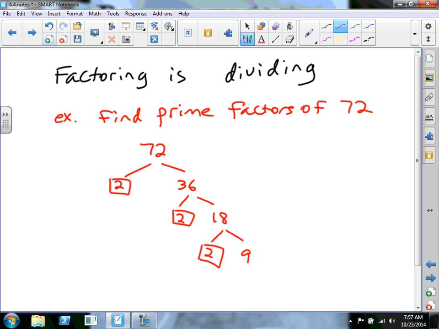So we go to the next prime number, which would be 3, and 9's divisible by 3, 3 times, and 3's prime, and 3's prime. So the prime factors of 72 are 2 times 2 times 2, that's 2 cubed, and then 3 times 3, so that's 2 cubed times 3 squared.